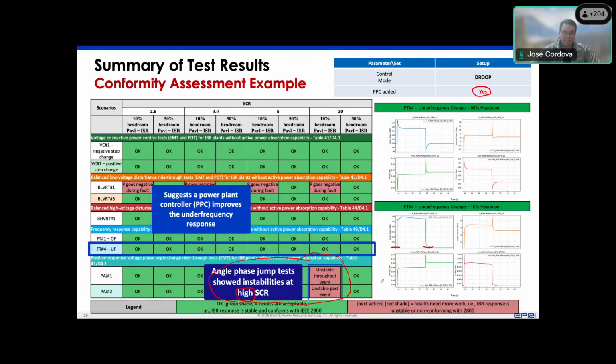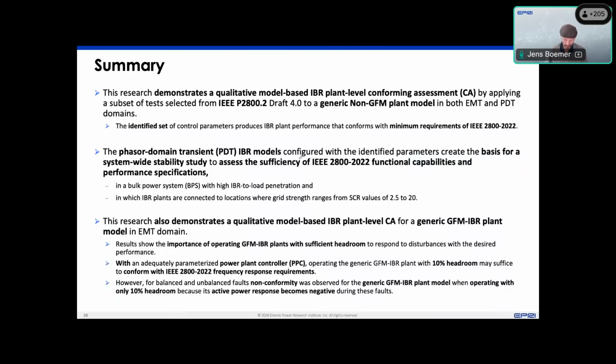But at least these results imply that maybe the grid forming model was not able to drive the grid, or was not able to respond as fast as expected for this type of event, the phase angle jump. So that was also another conclusion there. Not fast enough or too fast. Yeah. And that's the summary.